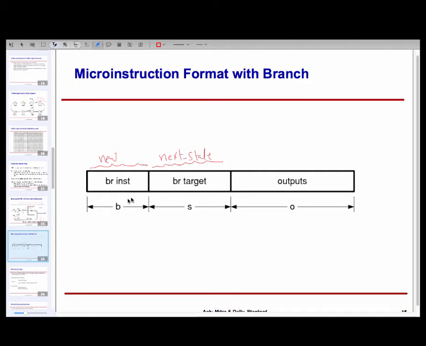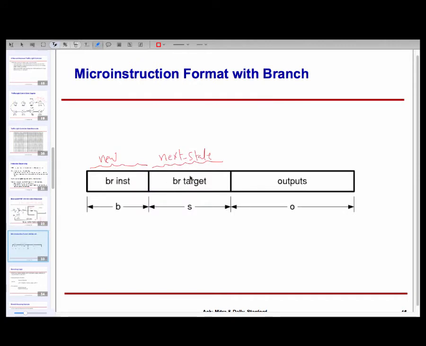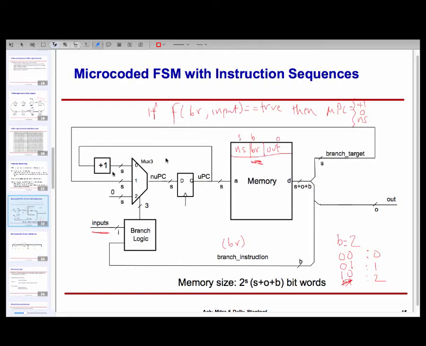I will arrange for the branch instruction to select the middle one, but set branch target to be a state which is numerically 2 higher. It's kind of like in many programming languages you have an instruction called go to. I'm basically saying go to a certain place in the program. So I can certainly increment by 1, and I can load 0.